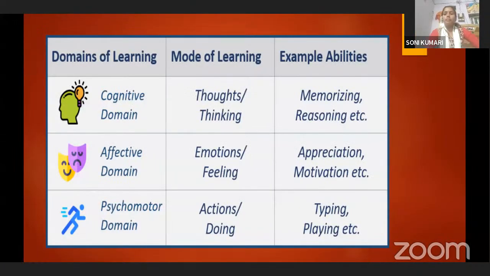Now I have some conclusions on the three types of domains of Benjamin Bloom's taxonomy, which is based on mode of learning. First is the cognitive domain, which is based on thought and thinking. Examples: memorizing, reasoning, etc. The second is the affective domain, and the mode is emotions and feelings.